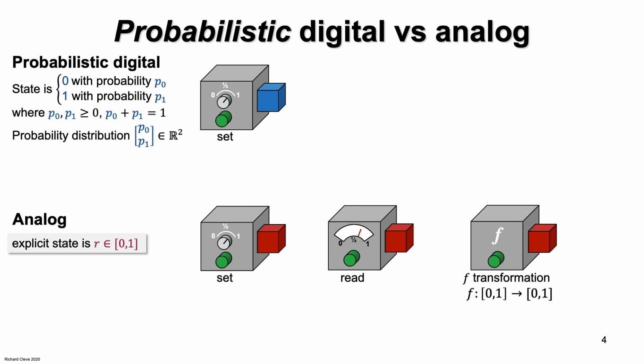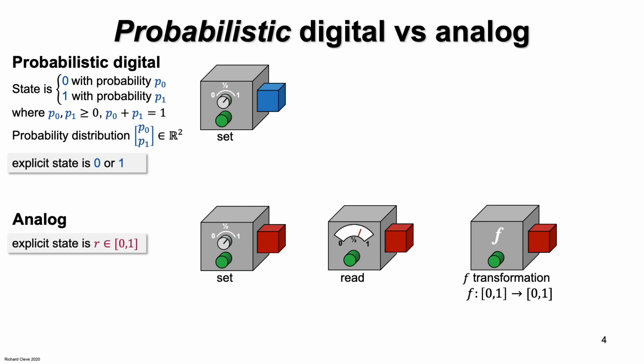Now, from our perspective, if we knew how the dial was set, there's a specific probability distribution with components that we'll call P0 and P1, and the state of the system is best described by this probability vector. But note that the actual state is either 0 or 1. We just don't know which it is, and the probability vector is a useful way for us to think about the state given what we do know.